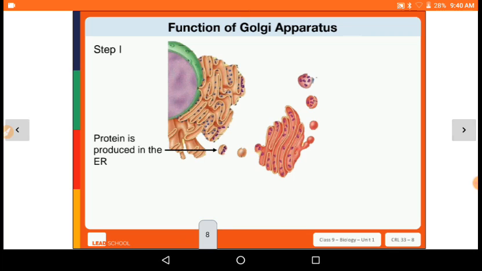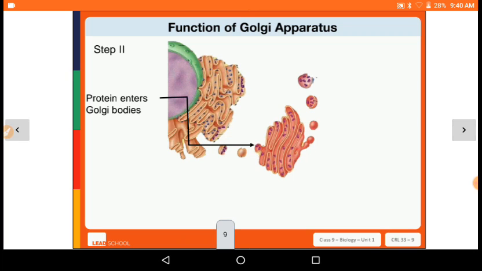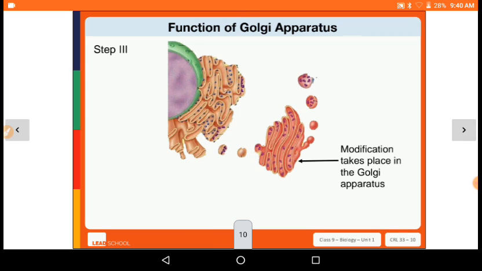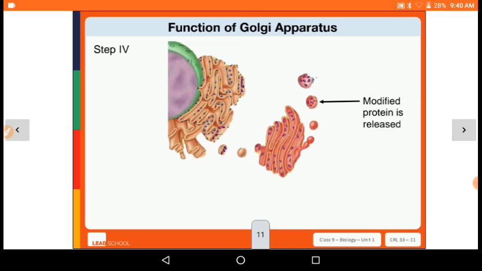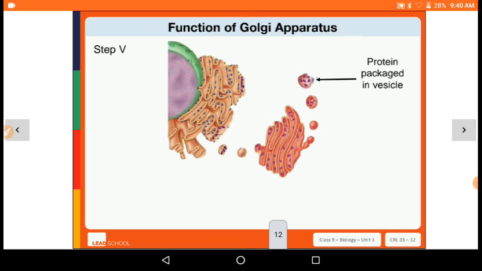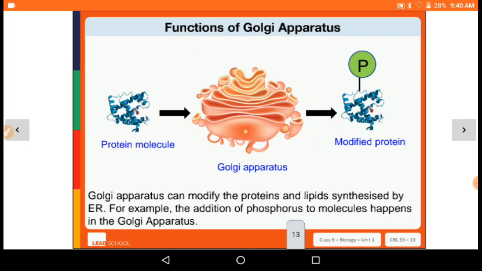Let us see how. First, the protein is produced in the endoplasmic reticulum, then protein enters the Golgi body. The modification takes place in this Golgi body, and then modified protein is released. And then protein is packaged in vesicles.